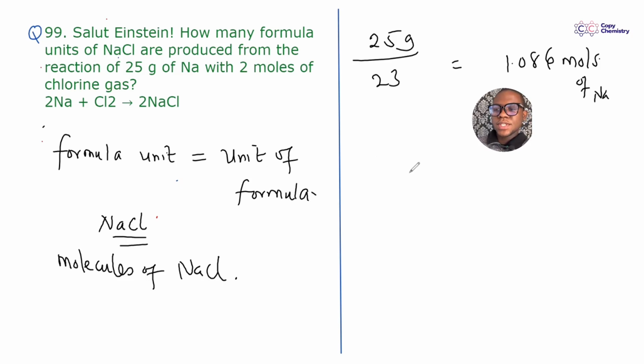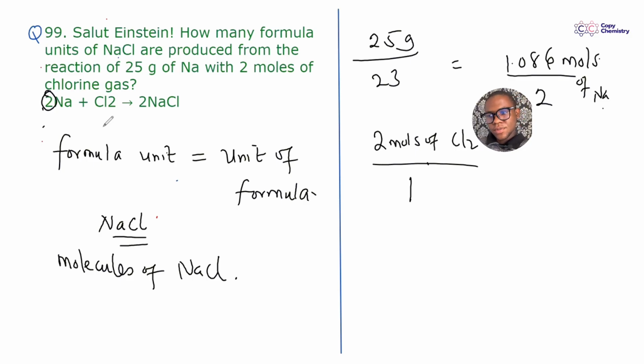Now, what's the moles of Cl2? 2 moles of Cl2. Look at the 2 moles you have there, and then divide each of the moles by the corresponding stoichiometric coefficient. That's this number here. This one is for Na, dividing by 2. And this one here is for the Cl2, I'm dividing by 1.